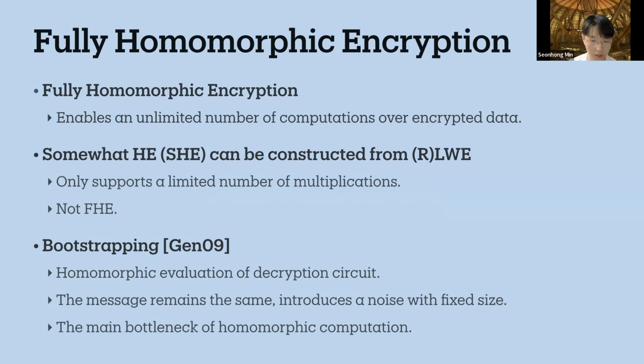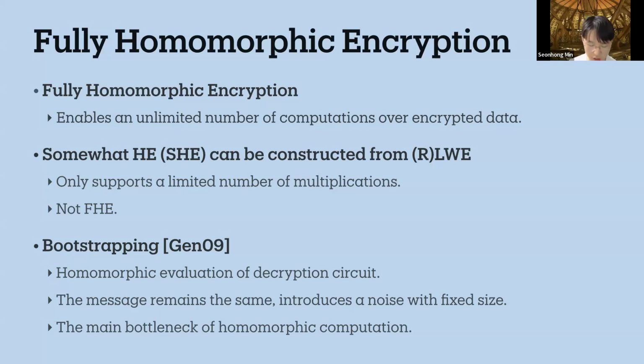Most FHE schemes are constructed from the RLWE problem. From the RLWE problem, we can construct something called somewhat HE, SHE, an encryption scheme which supports a limited number of multiplications of encrypted data. As you can see, it only supports a limited number of multiplications. It is not FHE.